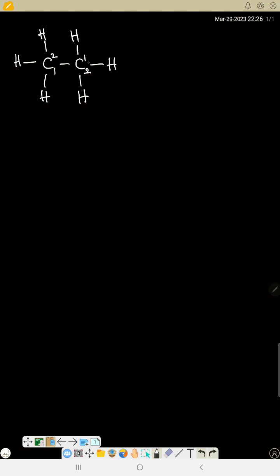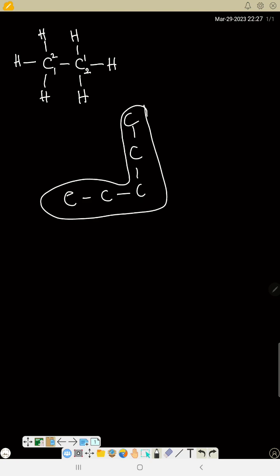In this case, we have 2 carbons here. That means the longest chain is 2. If we say longest chain, it means when you trace the carbon without break, that is a chain.